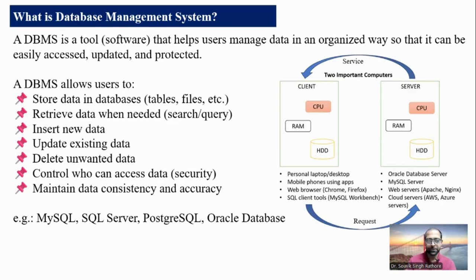We won't create a new record. We simply update the existing information. The fifth point is deleting the data. If incorrect or inconsistent or unnecessary information exists, the DBMS allows us to safely remove it.